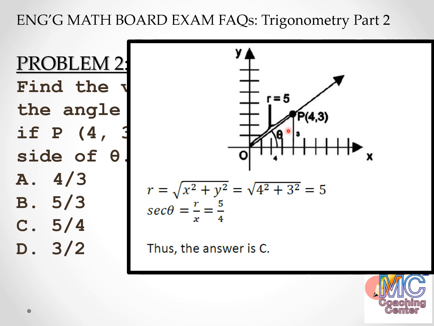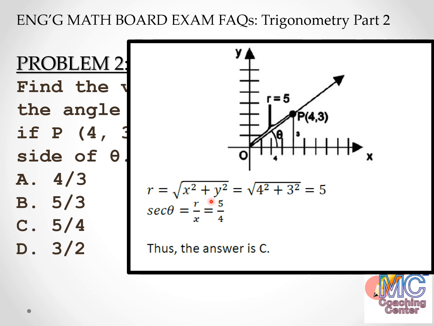So, from this right triangle, using the Pythagorean theorem, pwede natin makuha ang radius or ang length ng hypotenuse. So, r equals square root of x squared plus y squared where x equals 4 and y equals 3. Therefore, yung r po natin is 5 and yung secant theta is hypotenuse over the adjacent.